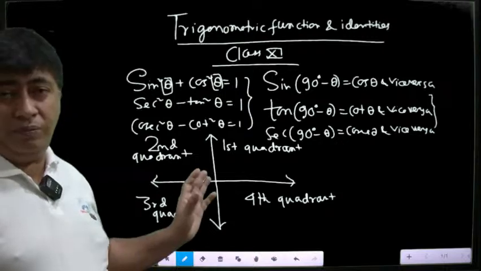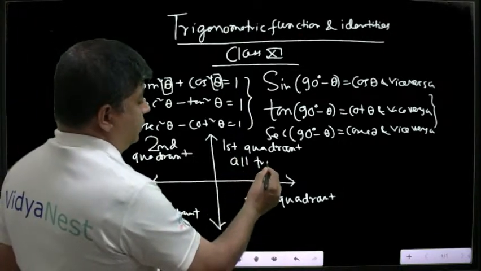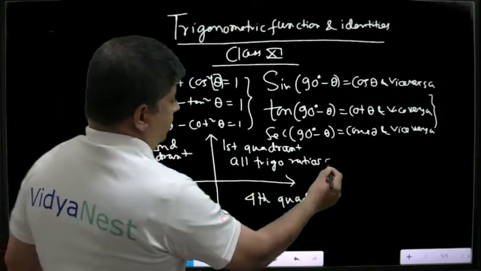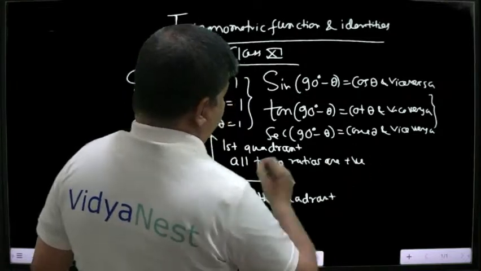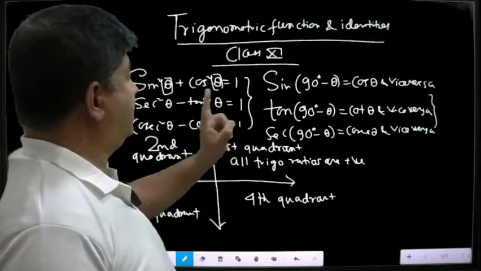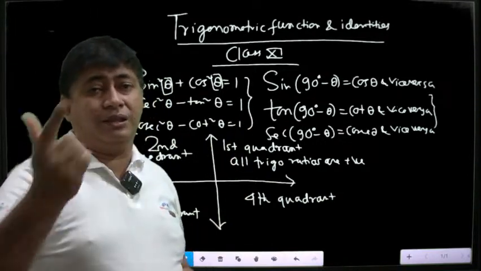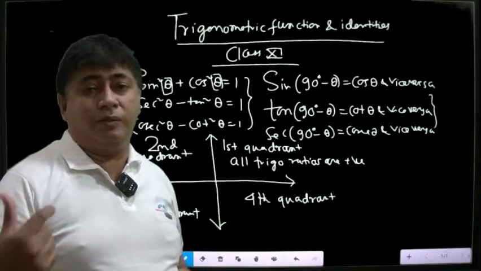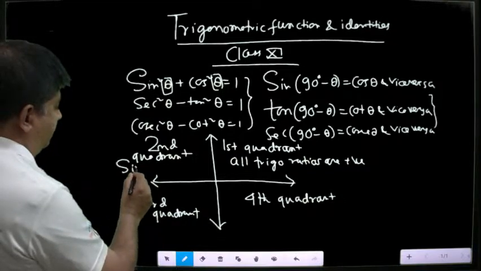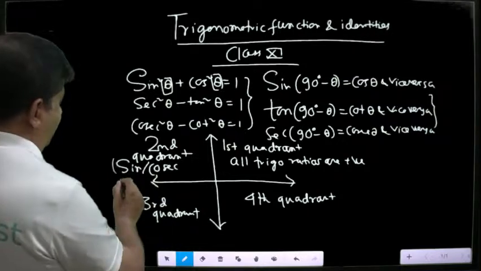Now what is the role of these quadrants? In the first quadrant, all trigonometrical ratios are positive. First quadrant means where angles are acute angles. We know from the table that from 0 to 90 degrees, any trigonometrical ratio is positive. In the second quadrant, sin and cosec are positive.